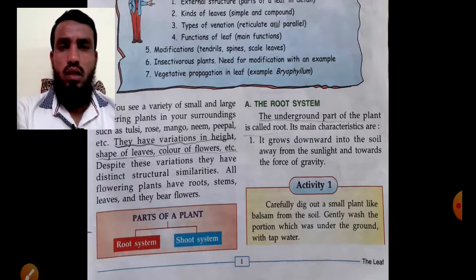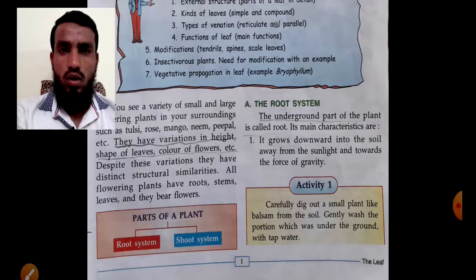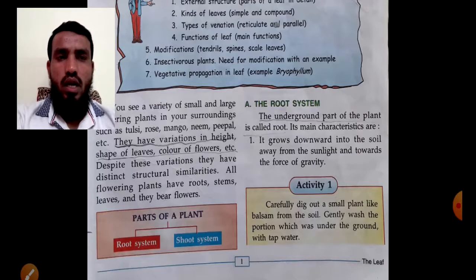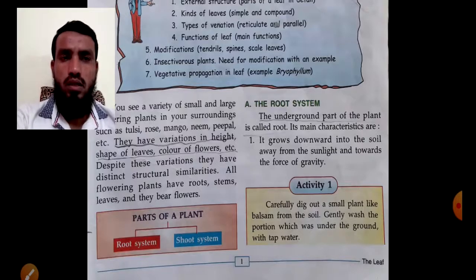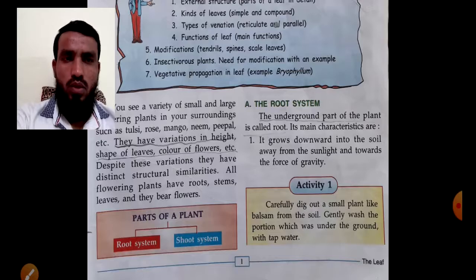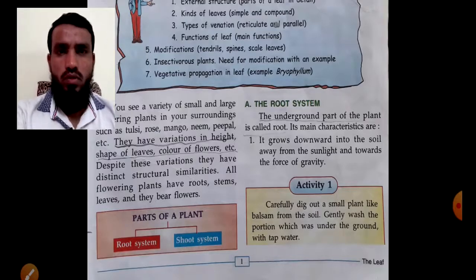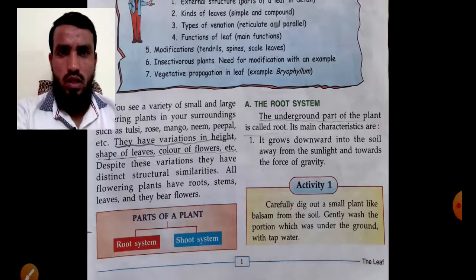Then, to understand better, one more activity is given. With the help of this activity you can understand how the roots grow. For that, you have to carefully dig out a small plant, like the balsam plant, from the soil and gently wash the portion which was under the ground with tap water, because when you remove the plant, soil is attached to the roots.